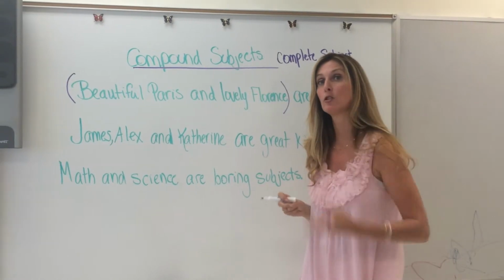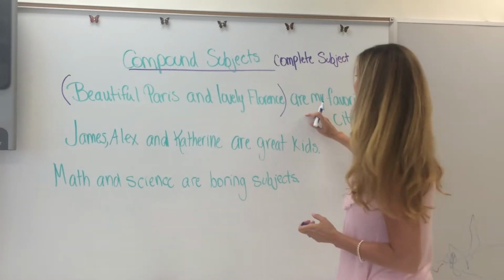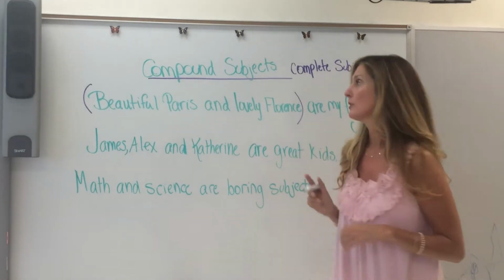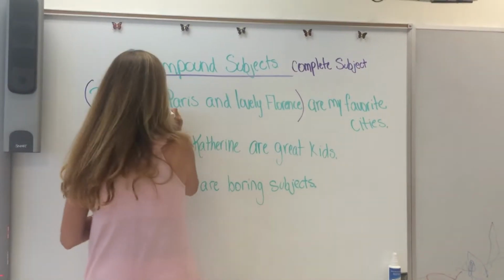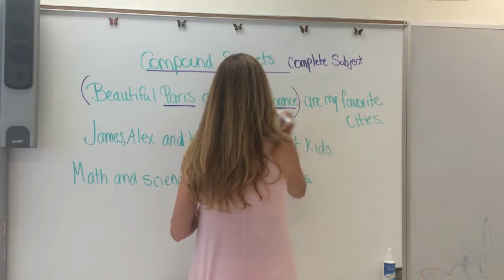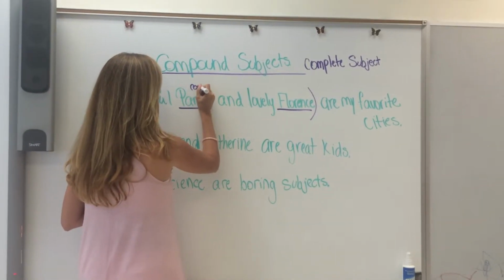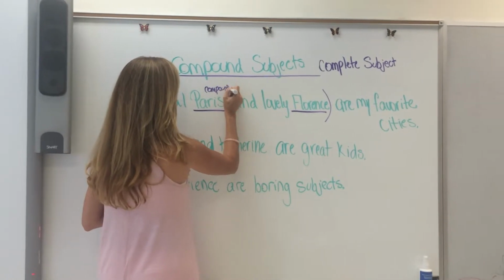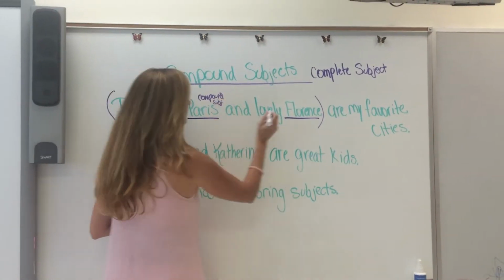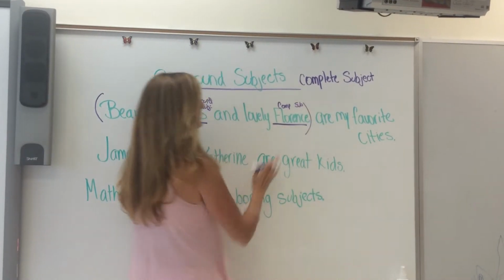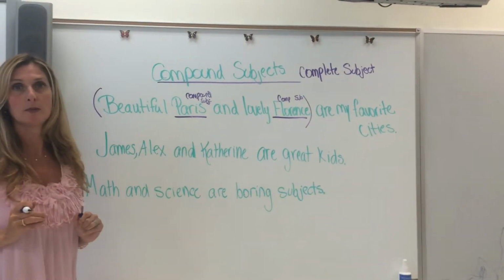If I could only pick two words that will help to complete my sentence, are my favorite cities, what are the two words? In this case, it's going to be Paris and Florence. And I have two of them, so that means that they are a compound subject. It means that I have two subjects in this particular sentence.